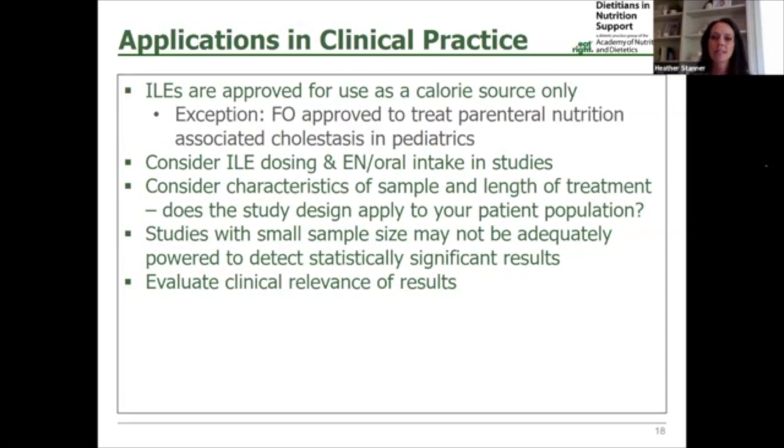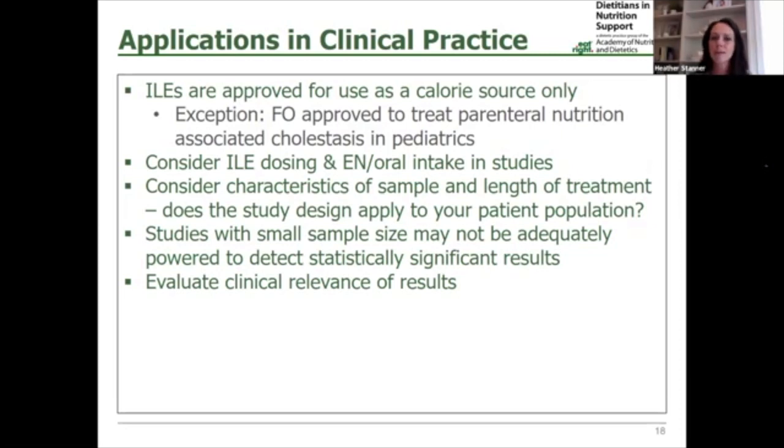The only exception to an ILE that does have a specific treatment purpose is supplemental fish oil in pediatric patients to treat parenteral nutrition-associated cholestasis, or PNAC. However, the other ILE types do not have an approved use for decrease in infections. However, based on the results of these studies, that may be something that does require more studies, but there could be more information in the future.